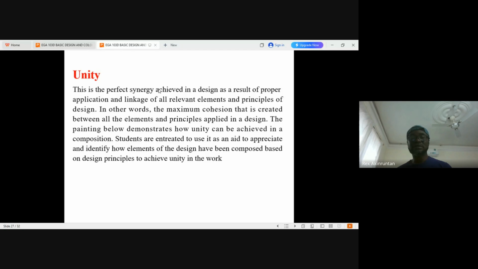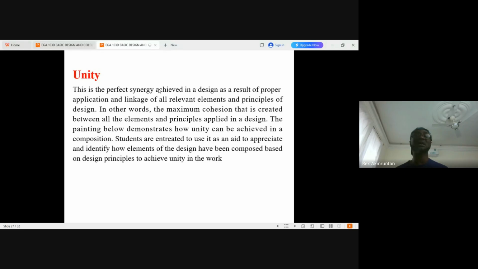So it is the cohesion of everything, from line to even how rhythm has been represented, how balance has been represented, everything has been represented in a more fluid way. They are all blended in, and at the end of the day, a beautiful design has been put out.